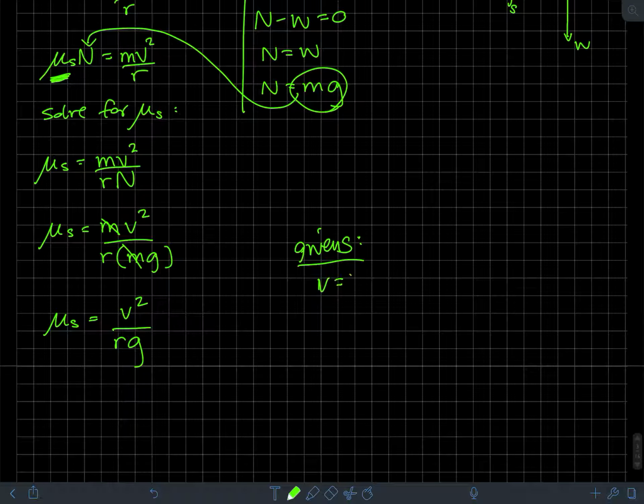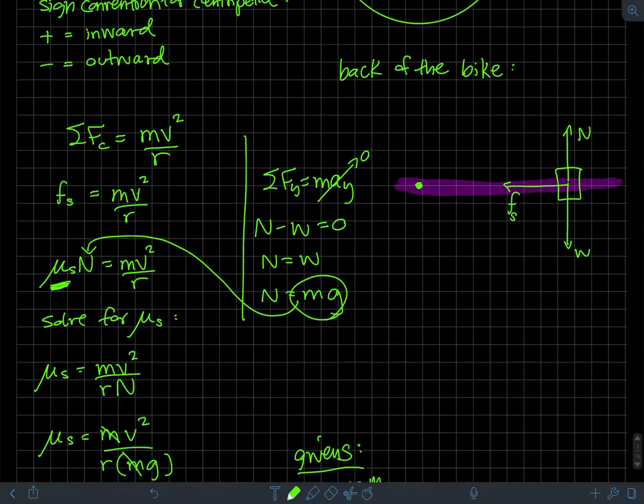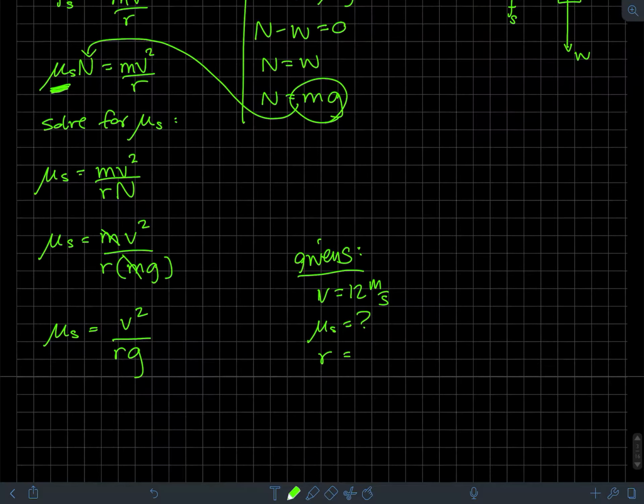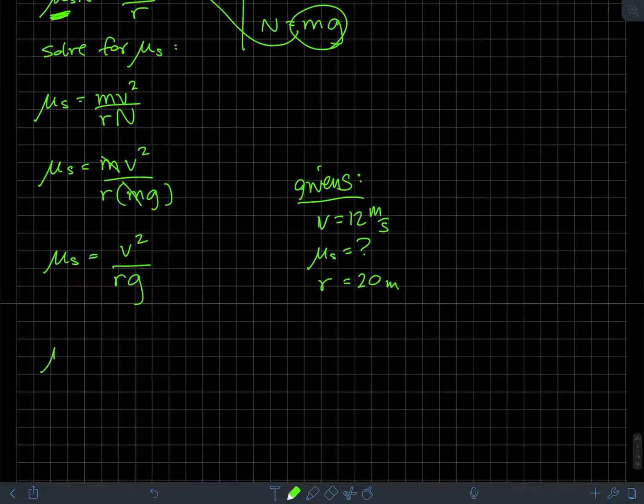So we've got v is 12 meters per second. We want to know what is that mu, and we know that the radius is 20 meters. Okay, so now let's plug and chug and see what we get. Square that.